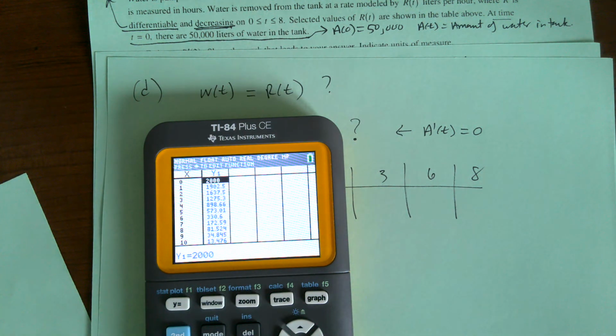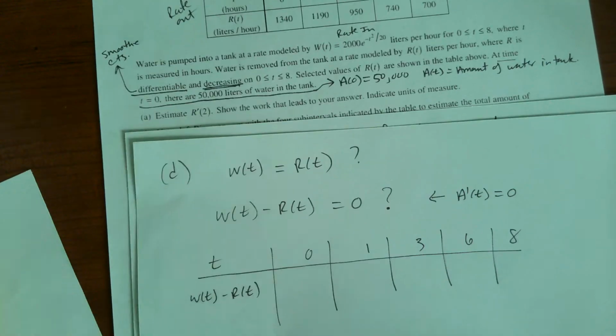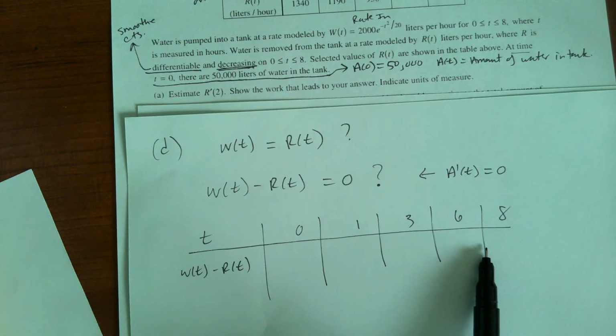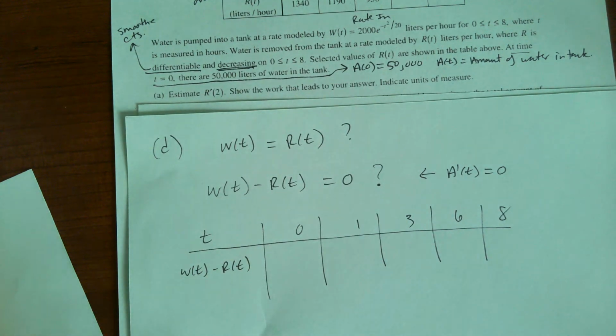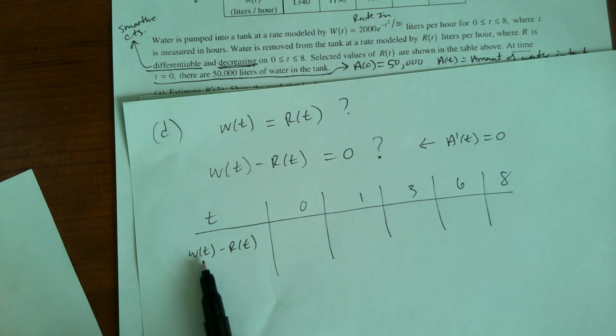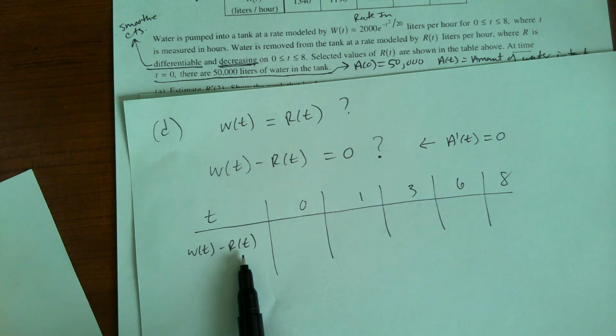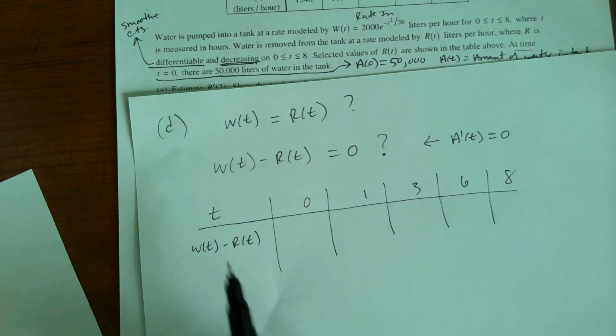So I just wanna get a feel of, basically, if one of these outputs is positive and another one of the outputs is negative, then I could use the intermediate value theorem to say there must be a value C between 0 and 8 for which W of T minus R of T is 0. Okay, because 0 would be between the positive and negative outputs.